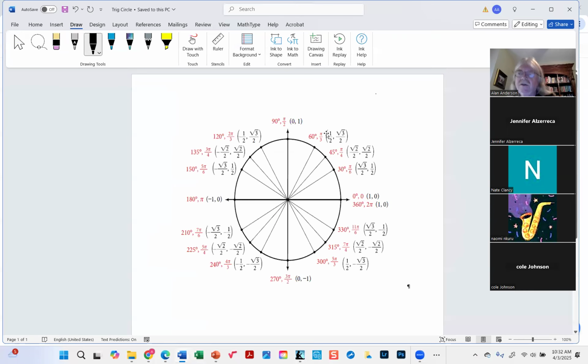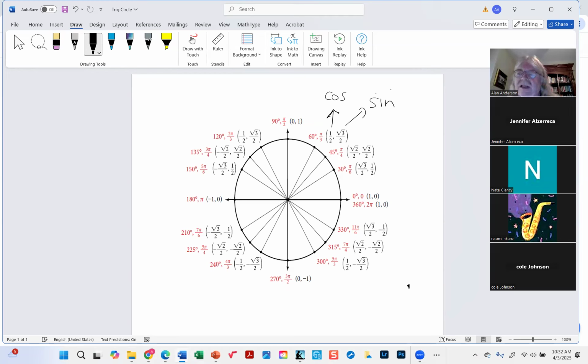The unit circle graph is this one. And if you remember, the way this works is that you've got all these different angles on here, both in degrees and in radians. But the important thing is that for each of these, the x coordinate is the cosine of that angle, and the y coordinate is the sine of that angle.